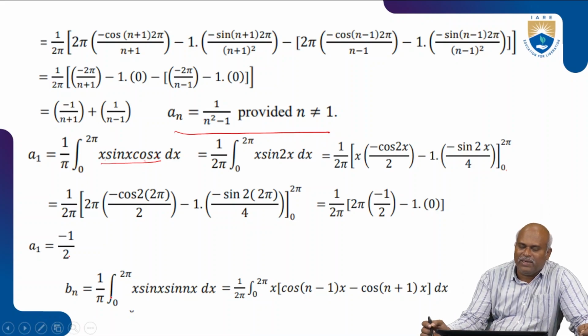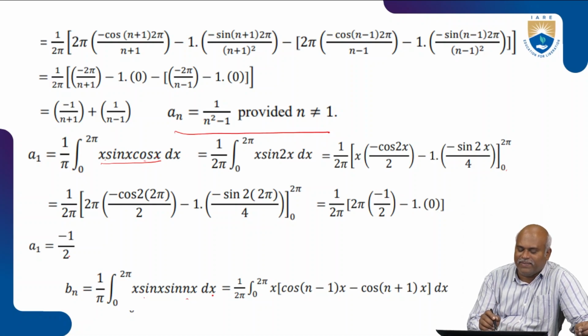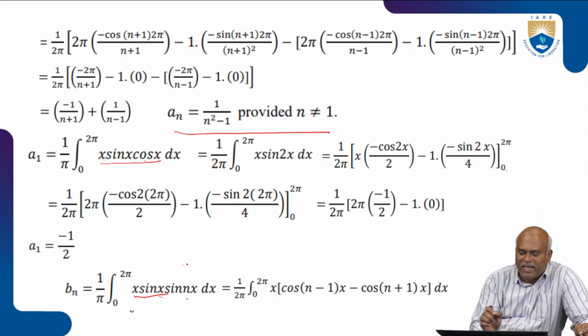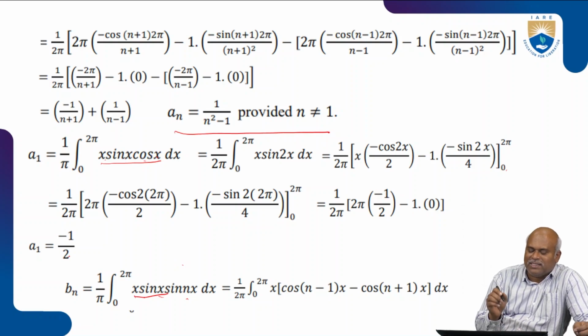Then we need to find b of n. The b of n formula we know, 1 by 2 pi integration of 0 to pi f of x sin nx dx. So f of x is equal to x sin x, which is represented as x sin x sin nx.